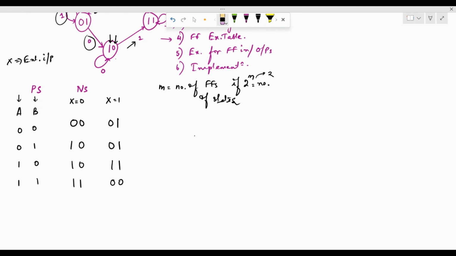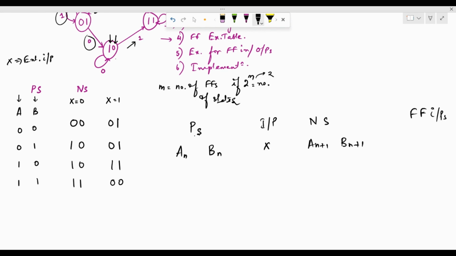Here we have the present state with A and B. I'll call it An and Bn to represent the present instant. We have the input, which is X. We have the next state, which is An plus 1, Bn plus 1. And then we have our flip-flop inputs.